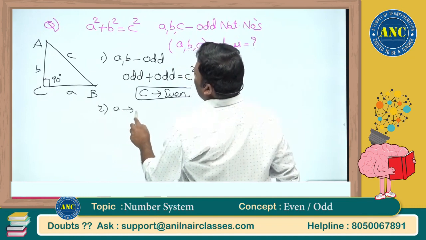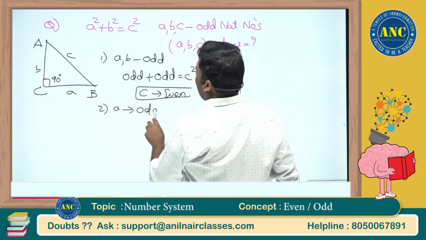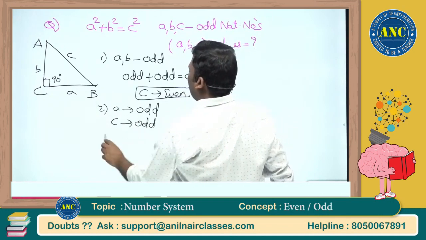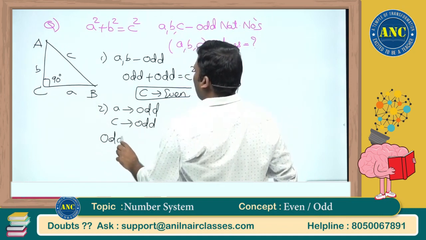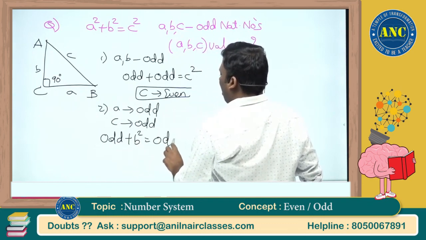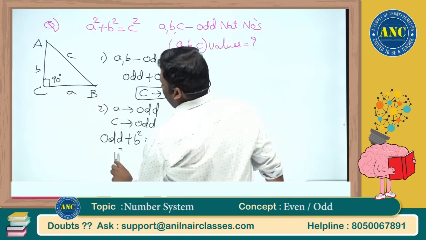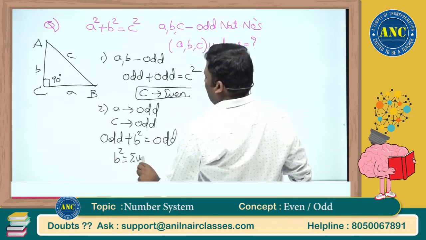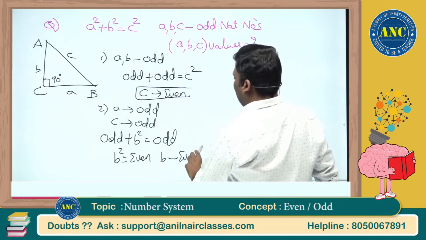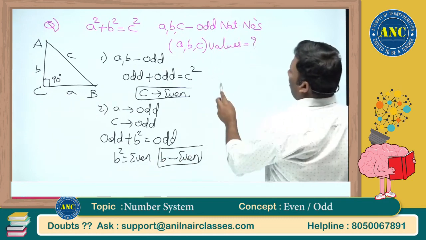Second, let us take another two. If A is odd and C is odd, odd number squared plus B square equivalent to odd. Odd minus odd is even, so B square is even. If B square is even, that means B has to be even. All the three cannot be odd.